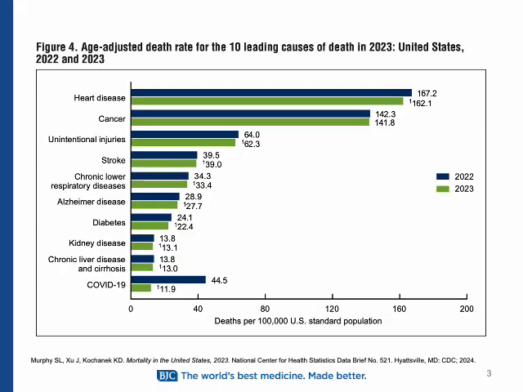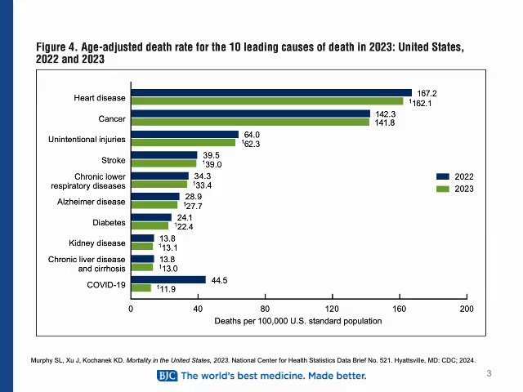So why does this matter? Well, heart disease continues to be the number one cause of death in the United States year after year. Even when we look at the most recent data, heart disease still outranks cancer and every other major cause of mortality. This graph comes directly from the CDC's National Center for Health Statistics.